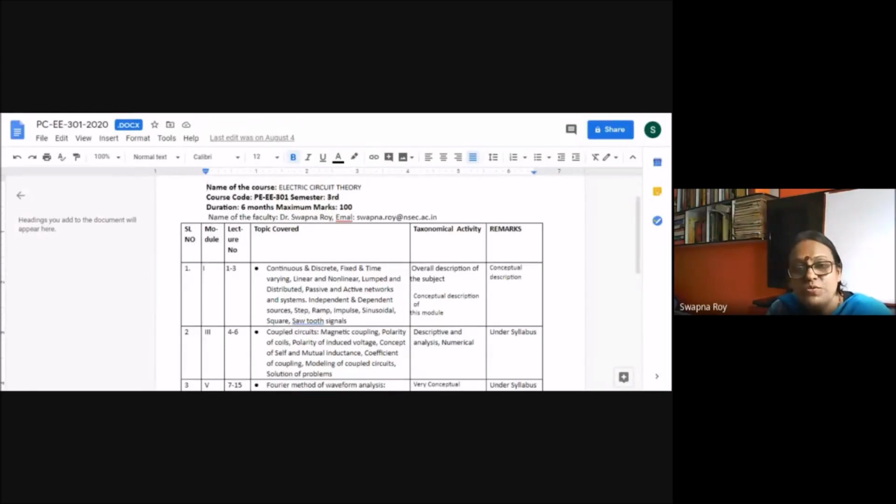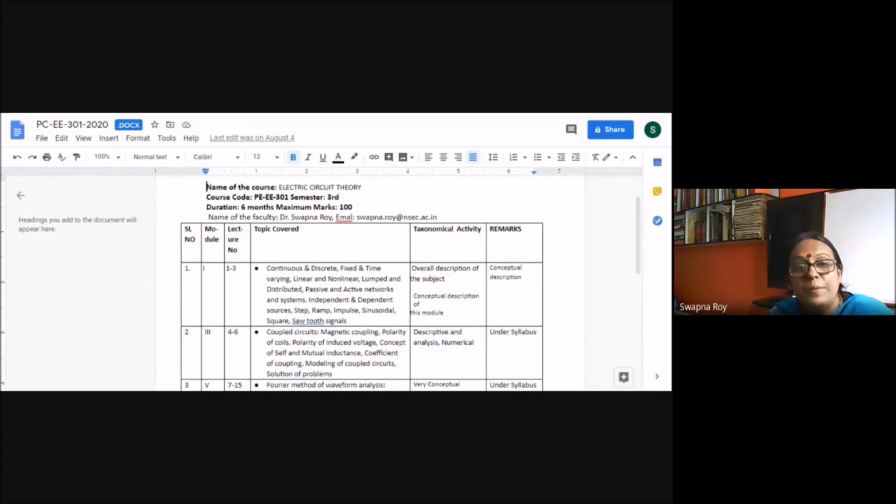A dependent source means the output of the voltage source is dependent on either current or voltage from any other parts of the circuit. Don't worry, I will tell you in detail. And today I'm giving just the overview.